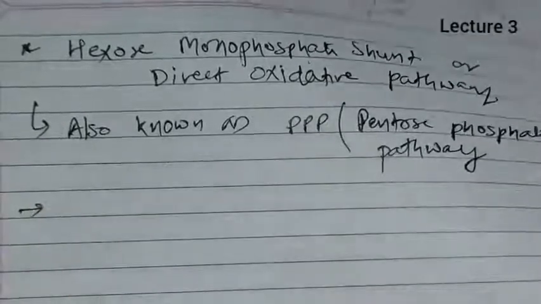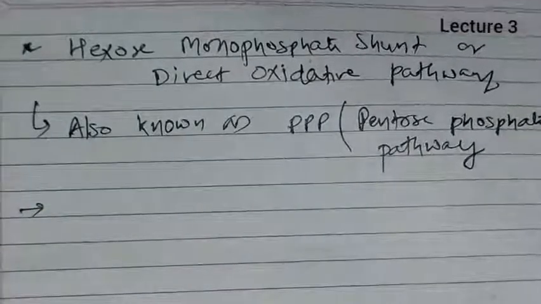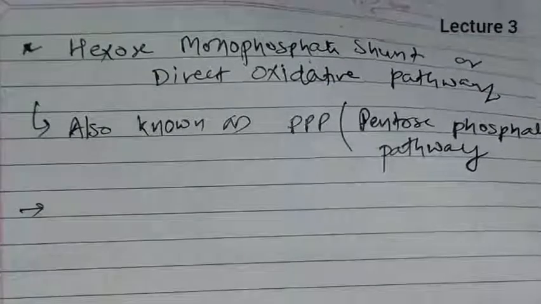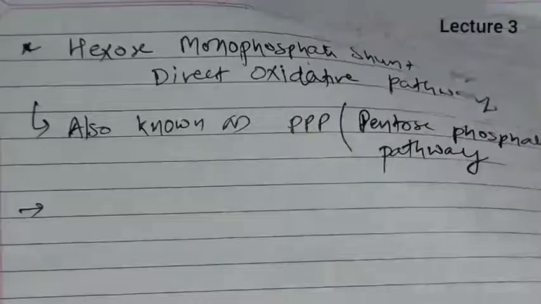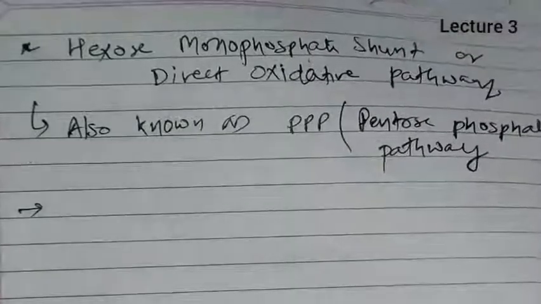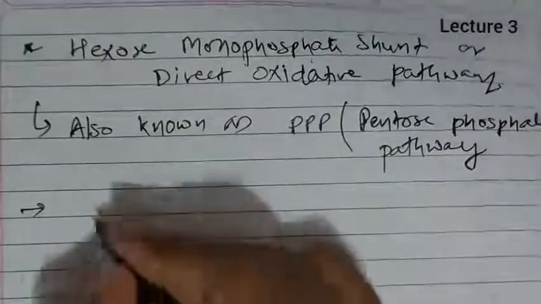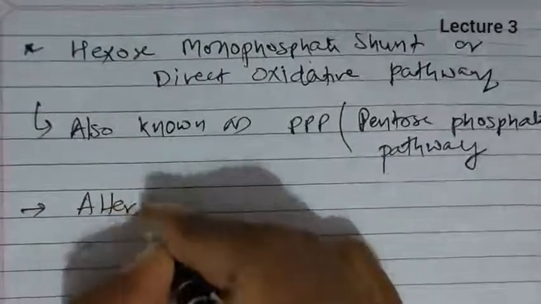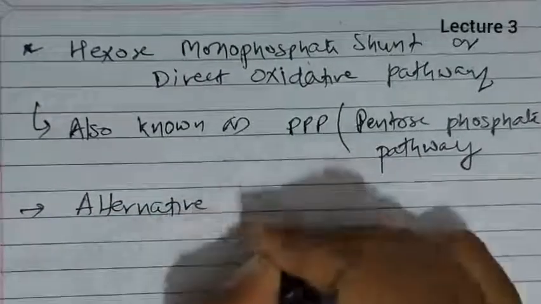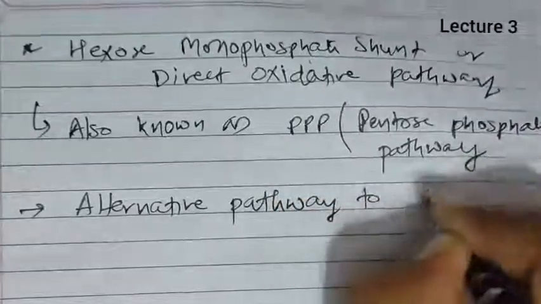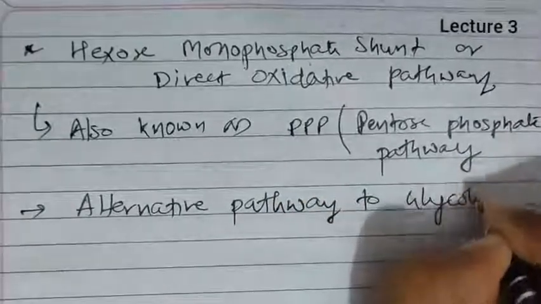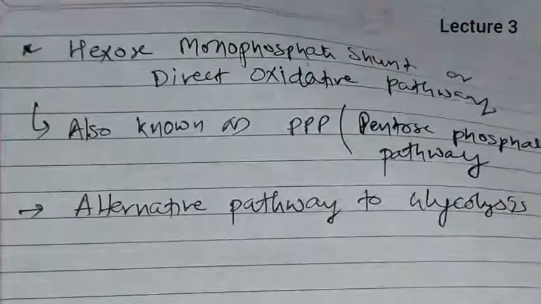Now, in addition to the normal process of oxidation of carbohydrates through glycolysis and the Krebs cycle, there is another process by which plants could oxidize carbohydrate to obtain energy. So this is the alternative pathway to glycolysis to obtain energy.